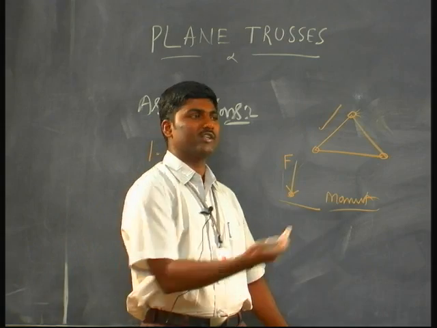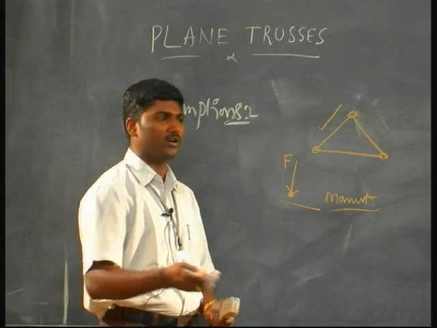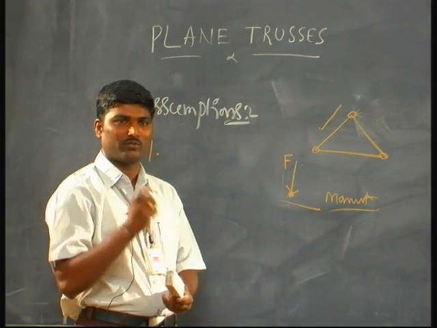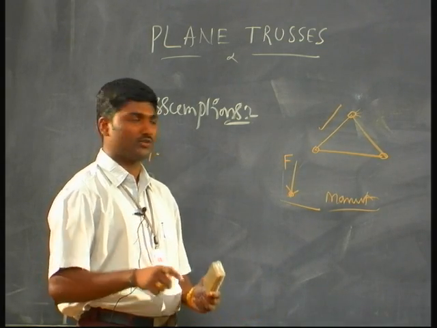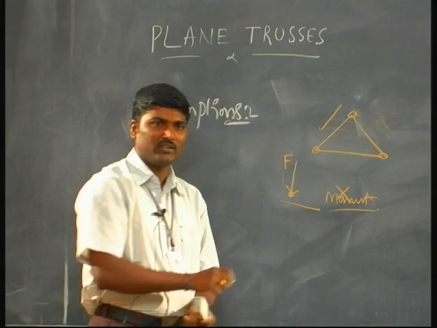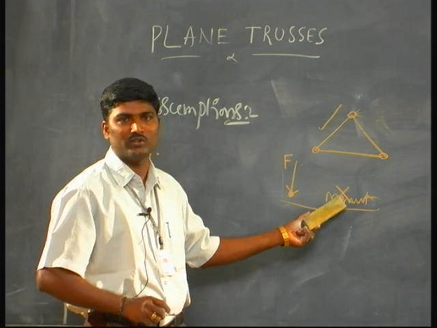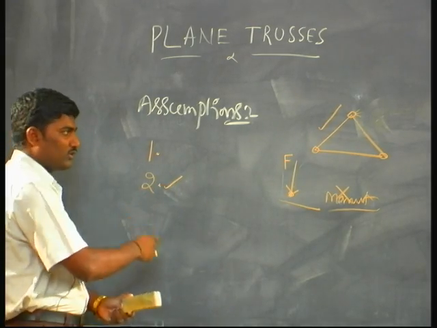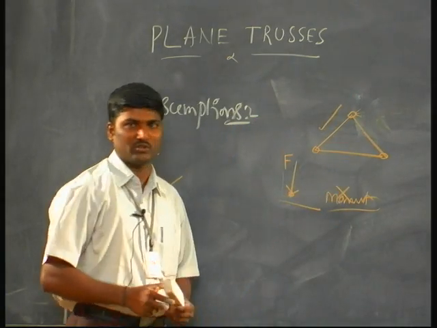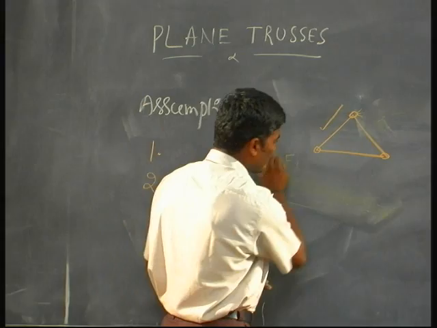We do not actually want the moment, which is why we have gone for the option of a truss. The truss should take only compression and tension, it should not involve moment. That is why this assumption is given. So all the axes of the members should lie in a vertical plane, that is the second assumption.